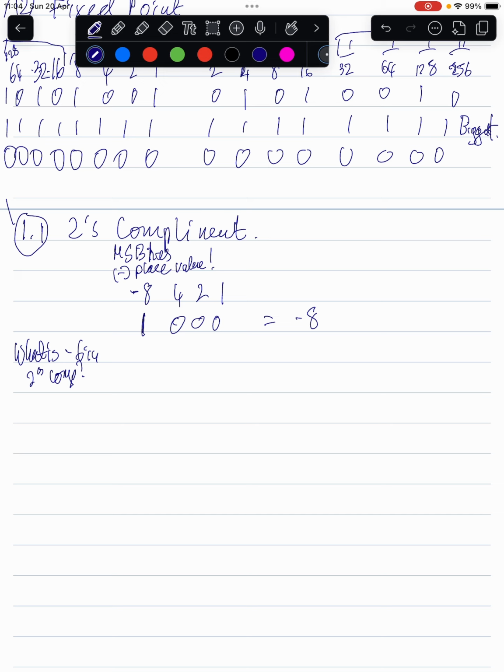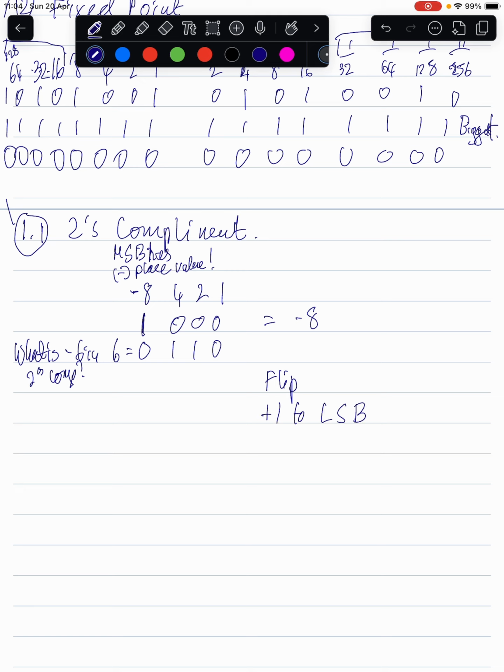So the first thing is, what is 6 in 2's complement? Store 6, so that's going to be that. Now, to make it -6, you need to flip the bits, and then add 1 to the least significant bit.